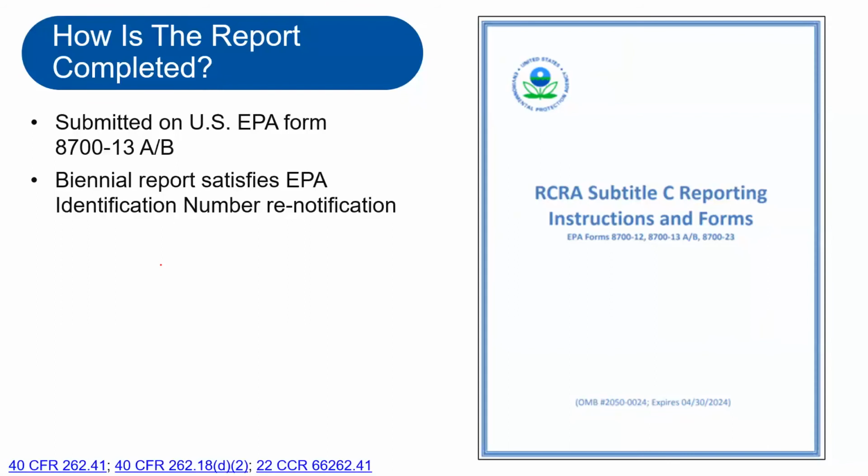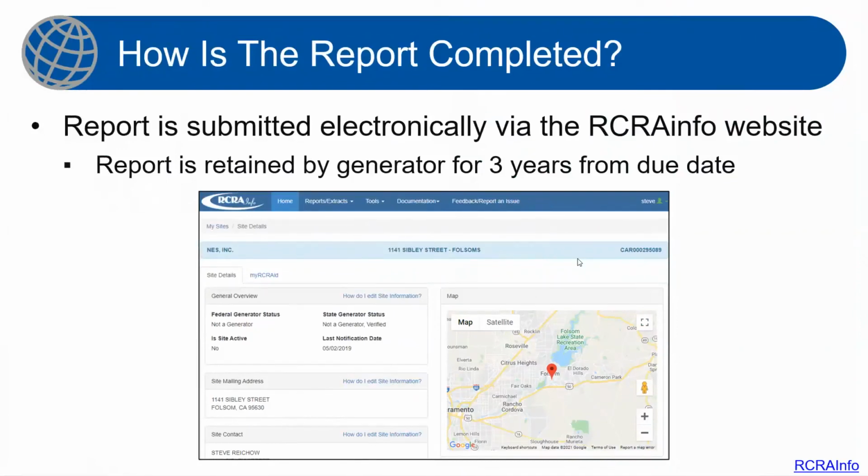Now, we do have the ability to go hard copy and complete EPA Form 8700-13. However, with the last reporting cycle that was due March 1st of 2020, what EPA pushed, as well as the state, what DTSC pushed, is that this information should be reported electronically via the RCRA info website.